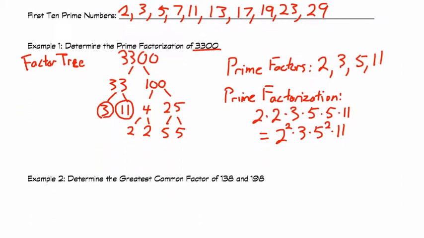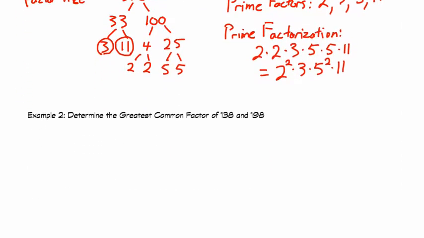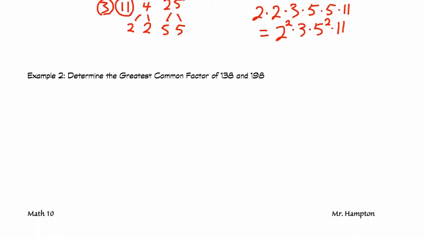Next, we will find the greatest common factor. The greatest common factor is the largest factor that can be found in all of the following numbers. In this case, 138 and 198. One way to find the greatest common factor is to find the factorization of both numbers first.